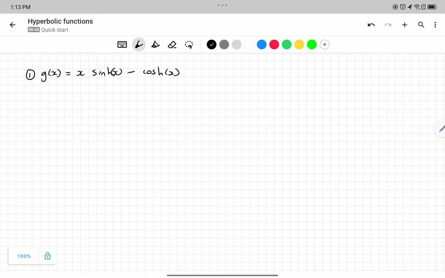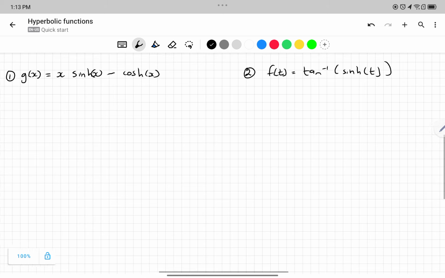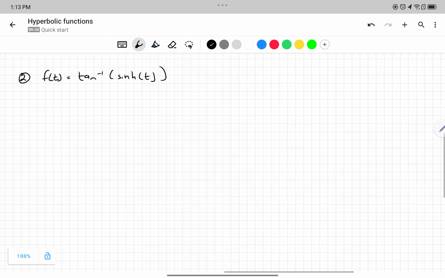And question number 2 says f of t is equals to arctan of hyperbolic sine of t. And question number 3, just 3 questions, and then we'll be doing more or less.